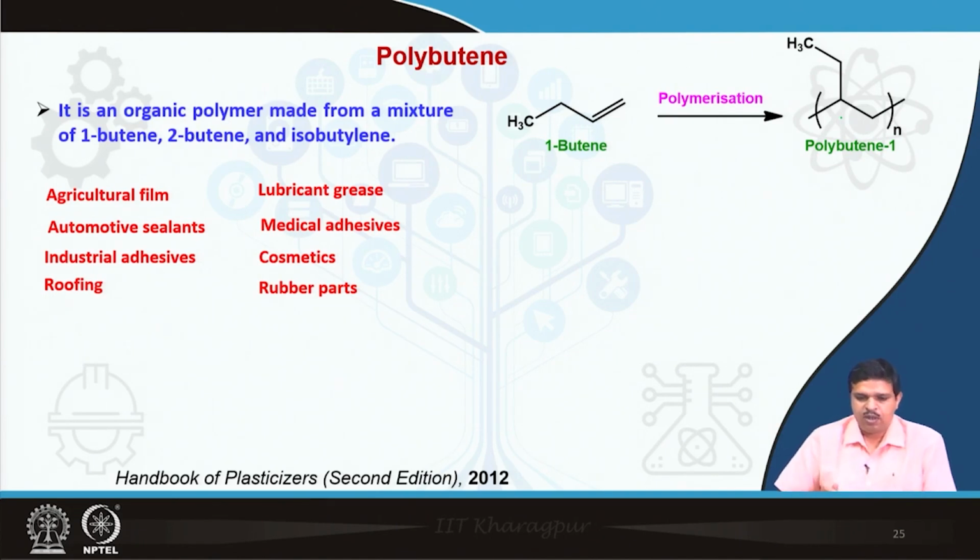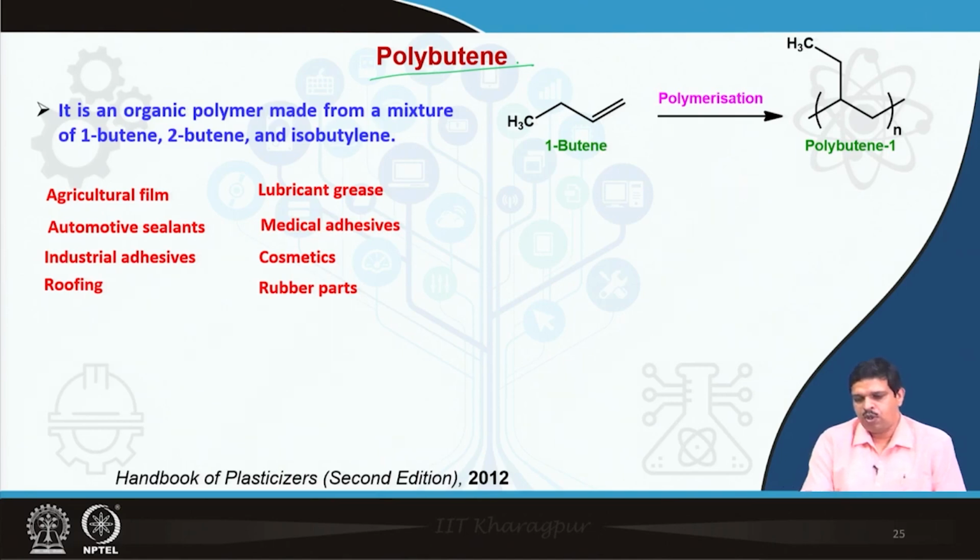As an example, if you see polybutene, this is also another heavily used polymer in the category of polyethylene, polyolefin, sorry. Here also you see that purposely we use a mixture of butenes.